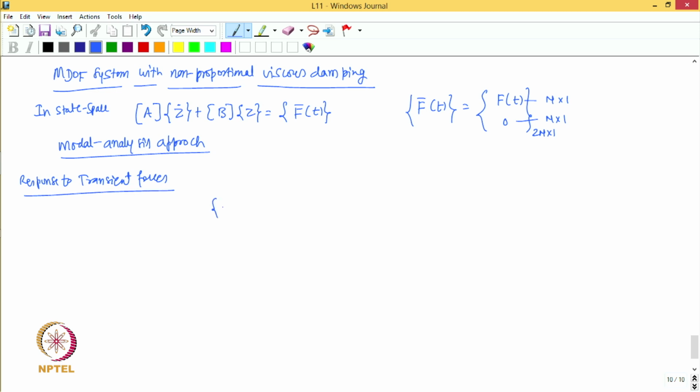So, therefore, we now consider the modal transformation z is equal to the eigenvector matrix phi bar of the system in state space times the vector of modal responses y bar in state space, and then we pre-multiply by phi bar transpose, which is the normalized eigenvector matrix in the state space, and then use the orthogonality properties of these eigenvectors.